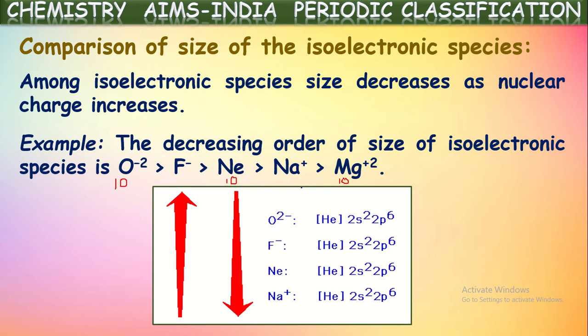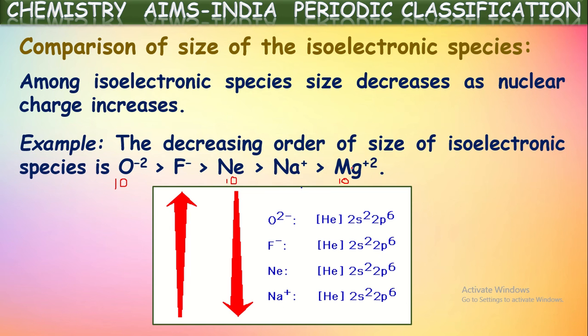In this way, these all contain the same number of electrons, and hence are called isoelectronic species. Now, if you observe the number of protons in their nuclei, or the nuclear charge of these isoelectronic species, that is different. Even though they have the same number of electrons, their nuclear charges are different.